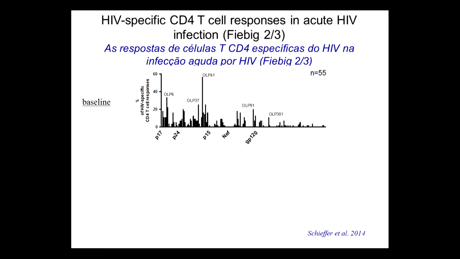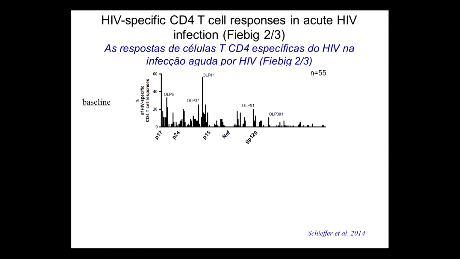If you look here at the GAG, NEF, and envelope, we left the strip in between out, and I will show you later why. You see at baseline, at the peak of viremia, already a lot of HIV-specific CD4 T cell responses targeting here the P24, P15 region, NEF, and the envelope region.